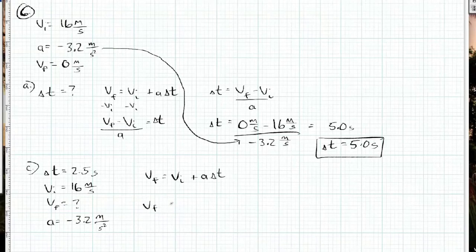So our final velocity at half the time will be 16 meters per second plus negative 3.2 meters per second squared times 2.5 seconds, which is our time. So final velocity equals 8 meters per second.